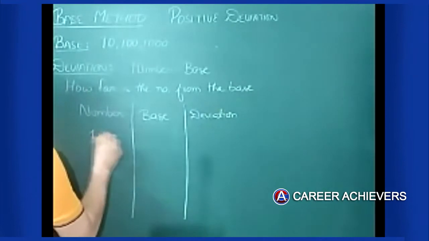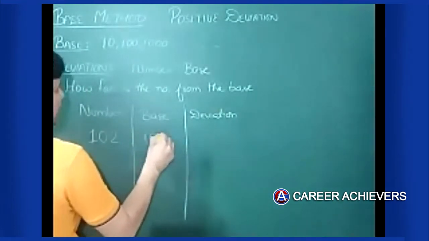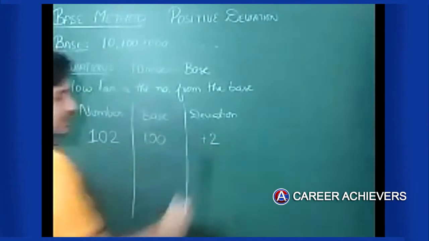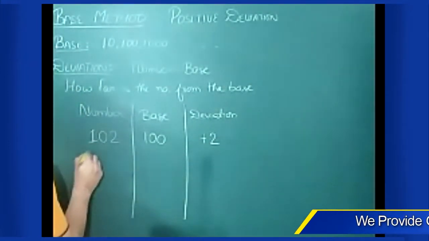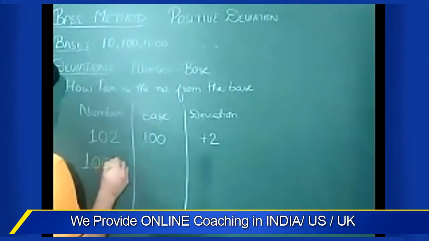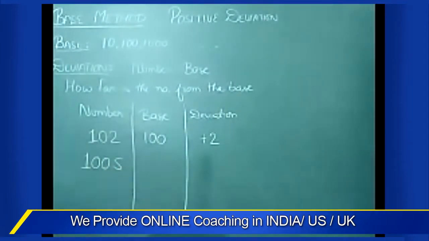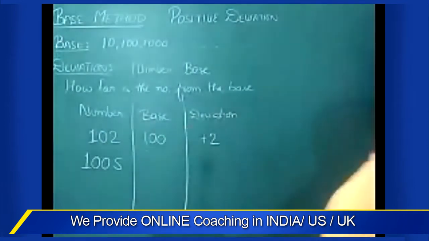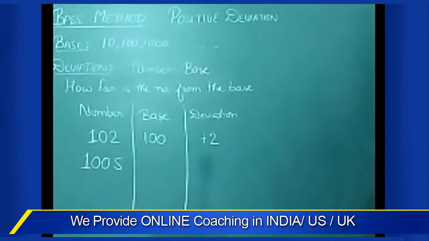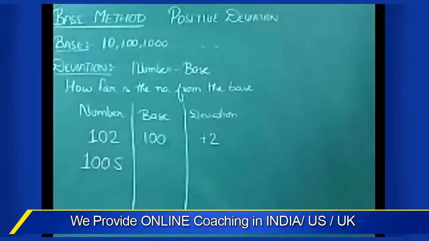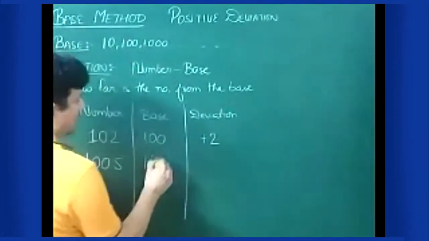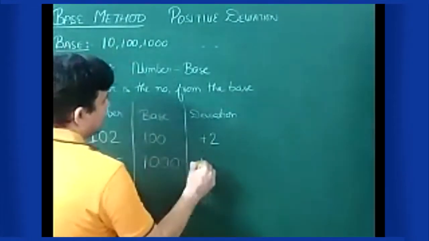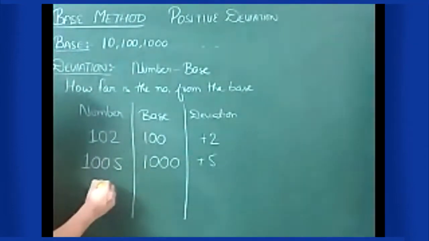Here the number is 102, its base is 100 and its deviation is plus 2, right? If the number is 1005, what is its base? 1000. Yes, and deviation? Plus 5. Its base is 1000 and deviation is plus 5.